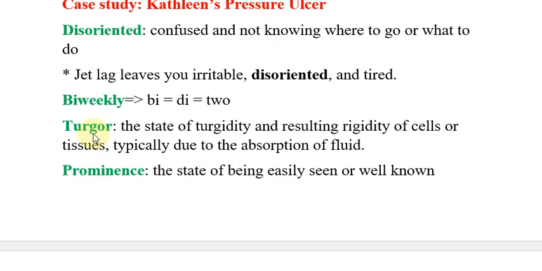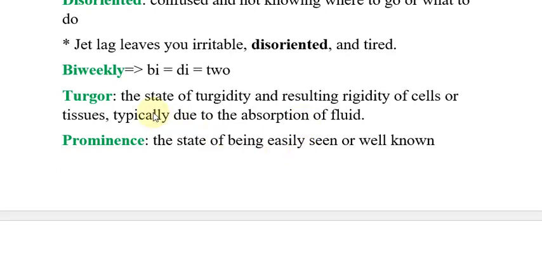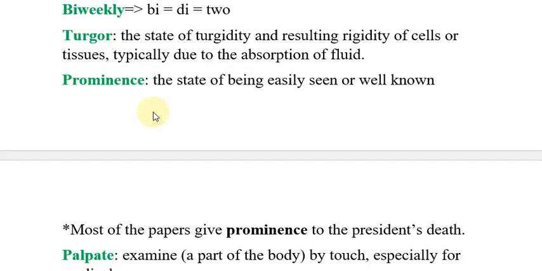The next word is turgor. Turgor, the state of turgidity and resulting rigidity of cells or tissues, typically due to the absorption of fluid. The next word is prominence. Prominence, the state of being easily seen or well known.